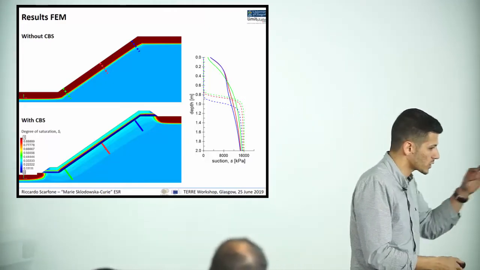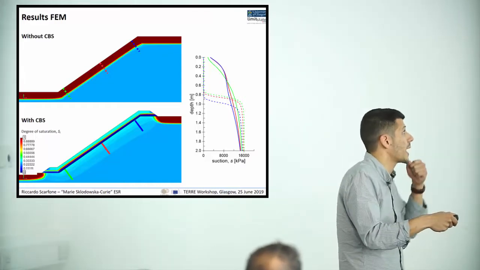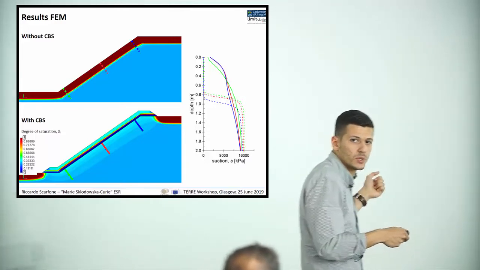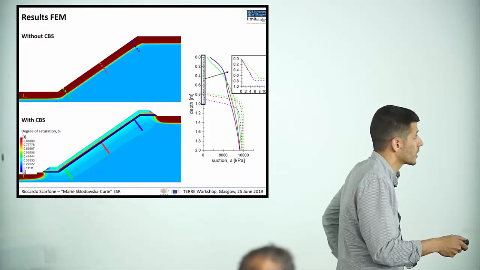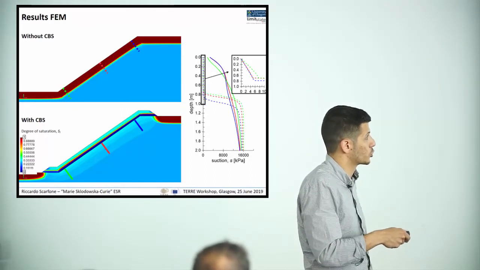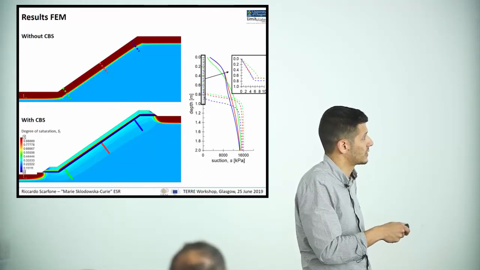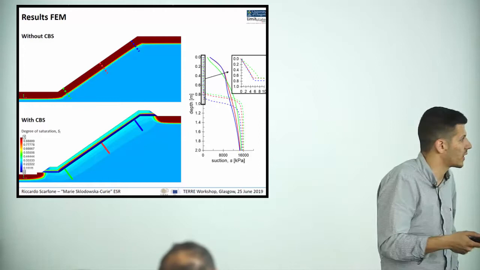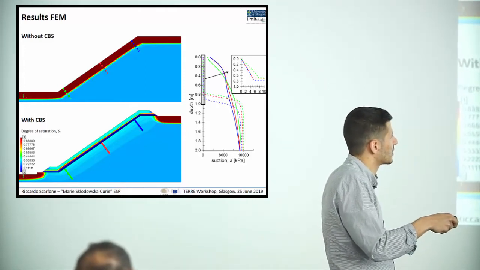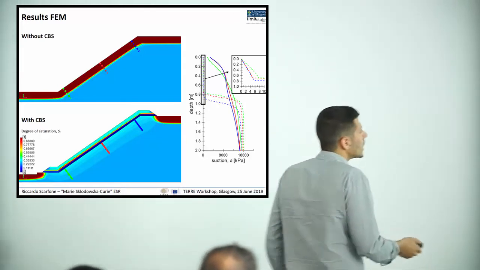We can see that in the most critical rainfall event, the presence of the capillary barrier system allows us to maintain much higher values of suction compared to its absence. In the absence of the capillary barrier system, zooming into this part here, we see that the suction close to the surface reaches a value of 0, and is around a few kilopascals, up to 5, in the first 80 centimeters of the underlying soil.